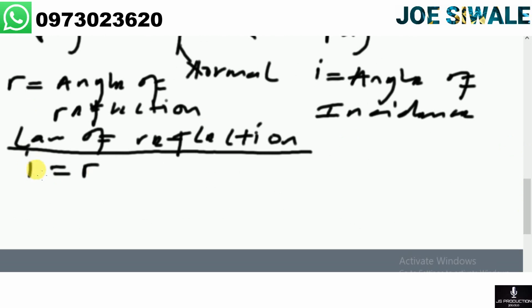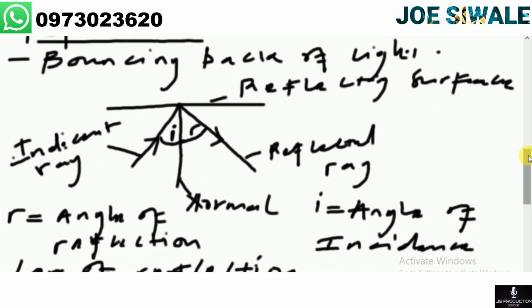Then the other law of refraction, we can say that the incident ray, the normal, and the refracted ray always lie in the same plane. So as you can see here from this diagram, the incident ray, the normal, and the refracted ray are on this side.